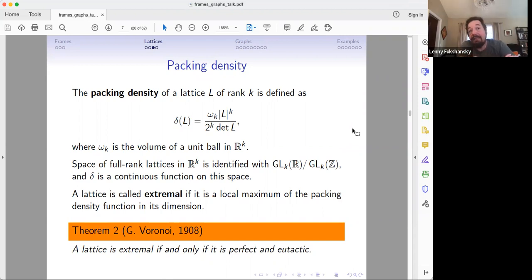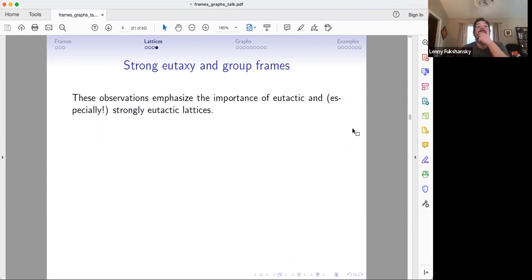So that's the significance of these conditions, perfection and eutaxy. This theorem of Voronoi has many additional results later on.